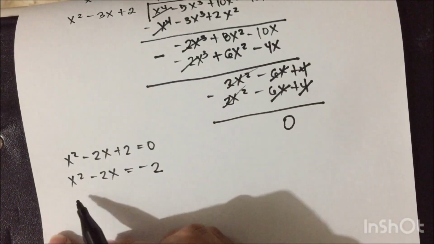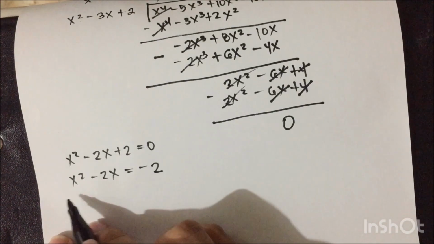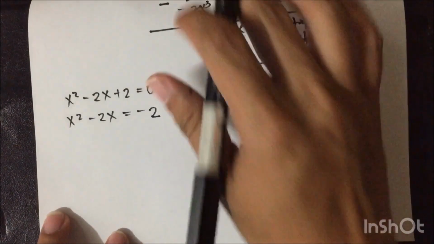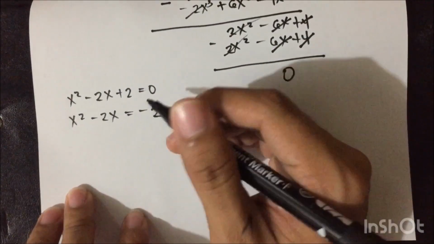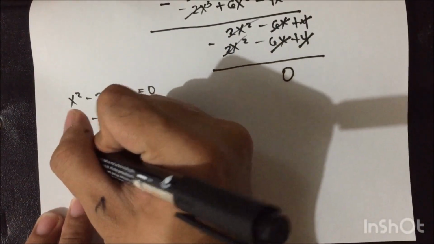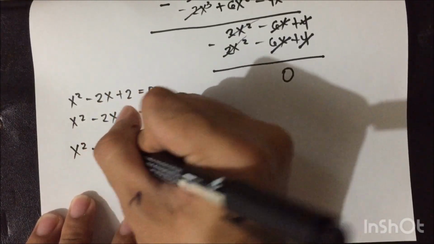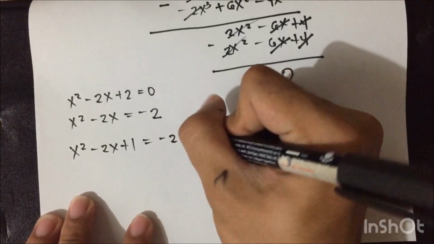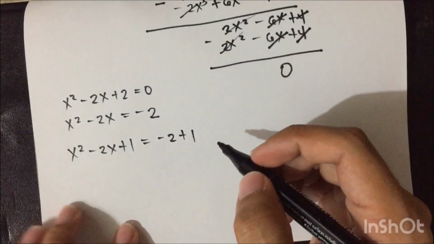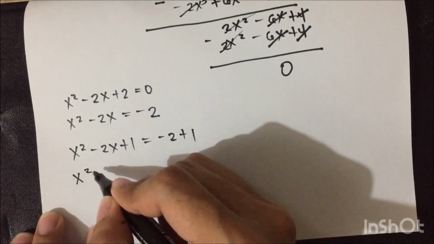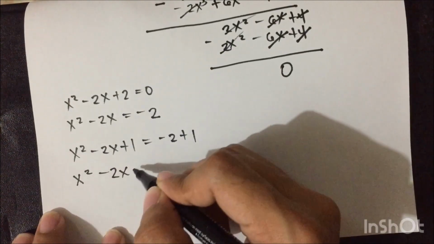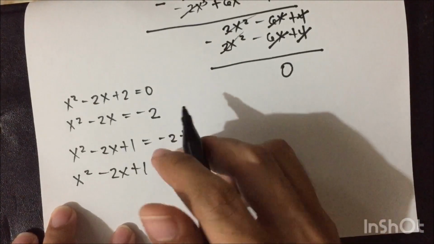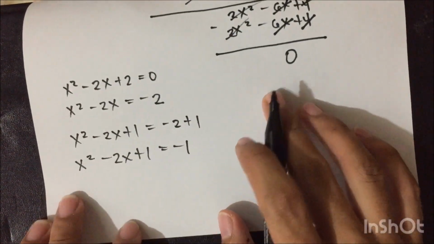So ayan. Paano natin masisimplify itong equation na to? So pwede natin gawin, magdagdag tayo ng 1 sa parehas na side. So x squared minus 2x plus 1 is equal to negative 2 plus 1. So, mas-simplify ito sa x squared minus 2x plus 1 is equal to negative 1. So, i-simplify pa natin.